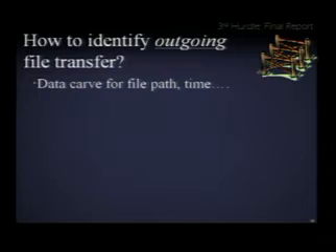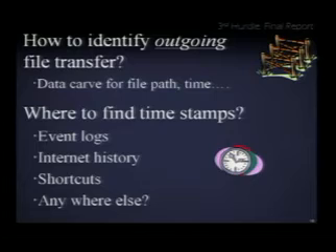So some of the things that we can do: we can data carve for various things that hold file paths and time, like shortcuts. And then we can look for things that would have timestamps that might correlate with that. There are a number of things that are going to contain a wealth of timestamps.